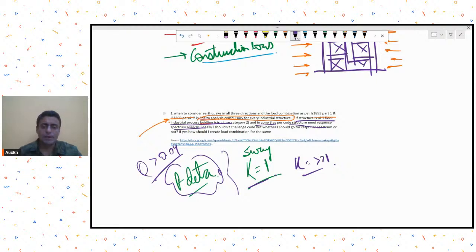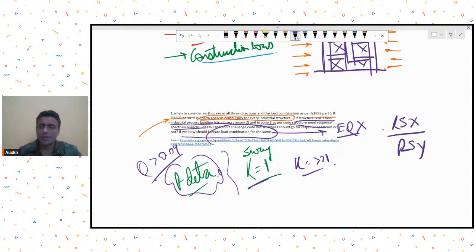Okay. How should I create load combination? Load combination, just as you create with equivalent static, similarly you create with response spectrum. No need to create plus or minus with other loads. If you are doing it in ETABS, it will be able to take the signs on its own.